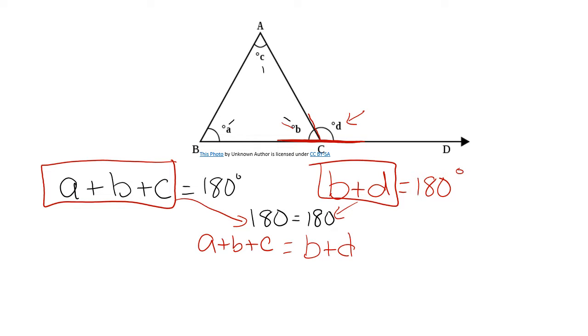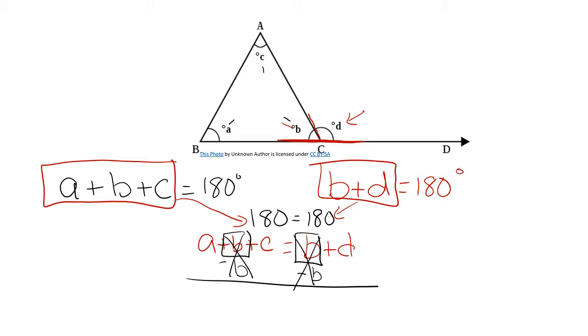And now we can see that angles A plus B plus C have to be equal to B plus D. Now watch what I'm going to do. I see that I have a B on both sides. So therefore, I'm going to do the opposite of plus B. I'm going to do minus B on both sides. And whenever I do that, both of those B's cancel out.